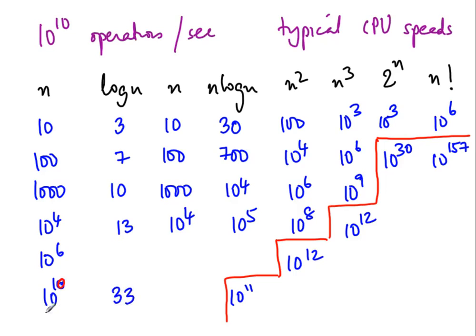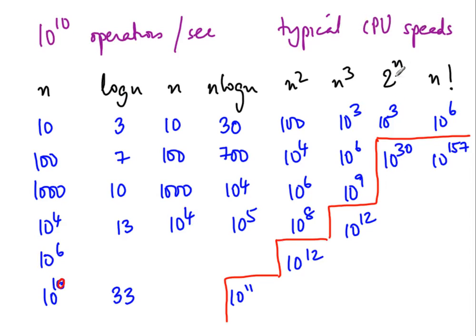So that's really incredible that if we have an input of the size 10 to the 10, a log n algorithm will take only 33 steps. Okay, and already with the input of size 10 to the power 6, an n squared algorithm is taking 10 to the 12 steps. So this chart sort of tells us dramatically why it is important to separate orders of magnitude when one compares functions.